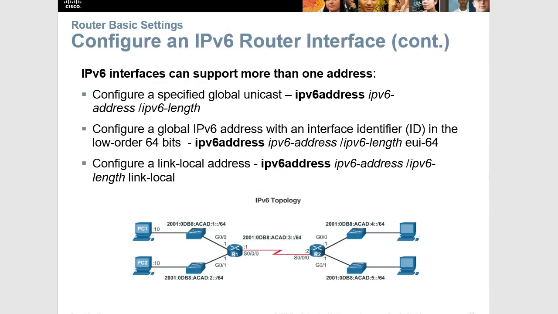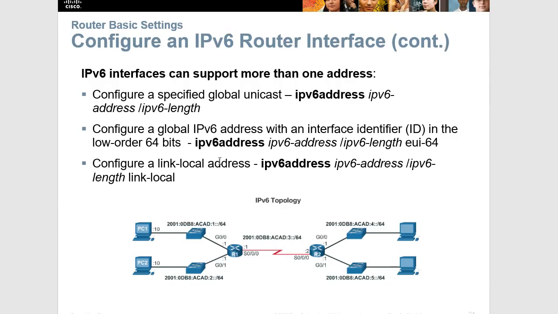In IPv6, to enable it on a router, you're going to use the command ipv6 unicast-routing.